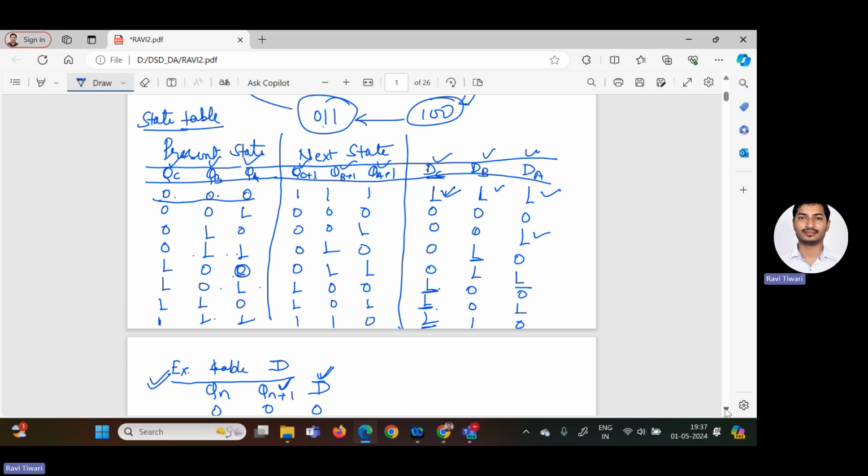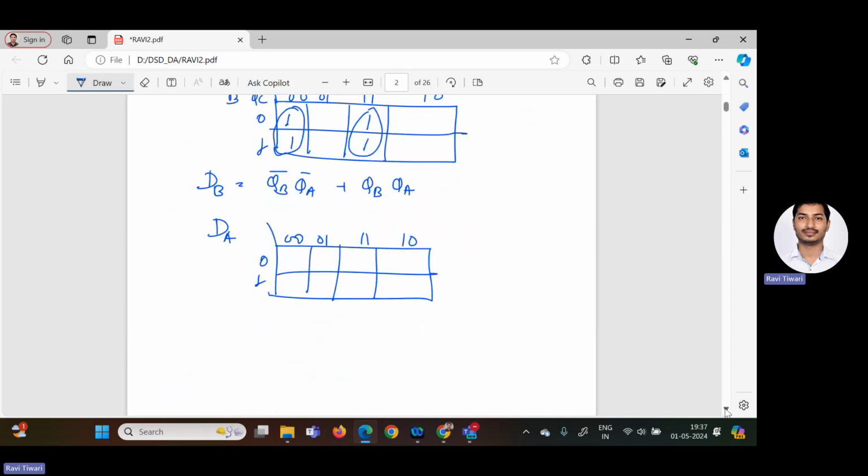The same thing I have to fill in here also. Here also we can make a quad and we can write down the expression of DA as QA bar.